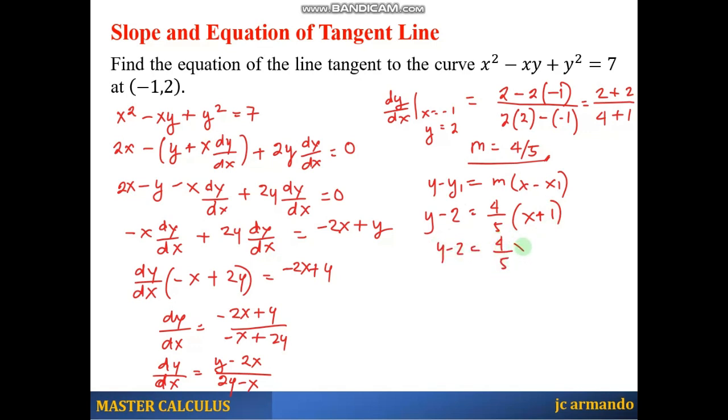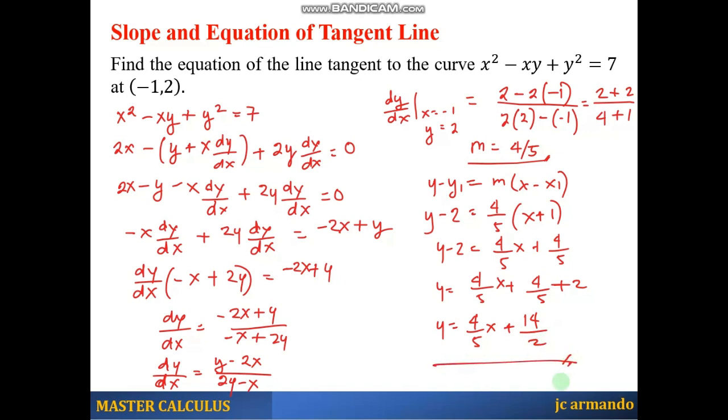So, 4/5 x. 4/5 times 1, that is 4/5. So, y is equal to 4/5 x plus 4 over 5 plus 2. Then, y is equal to 4 over 5 x plus 5 times 2, 10 plus 4, 14 over 2.